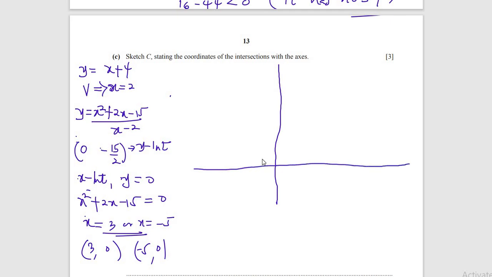Okay, the first one is the maximum value of x.